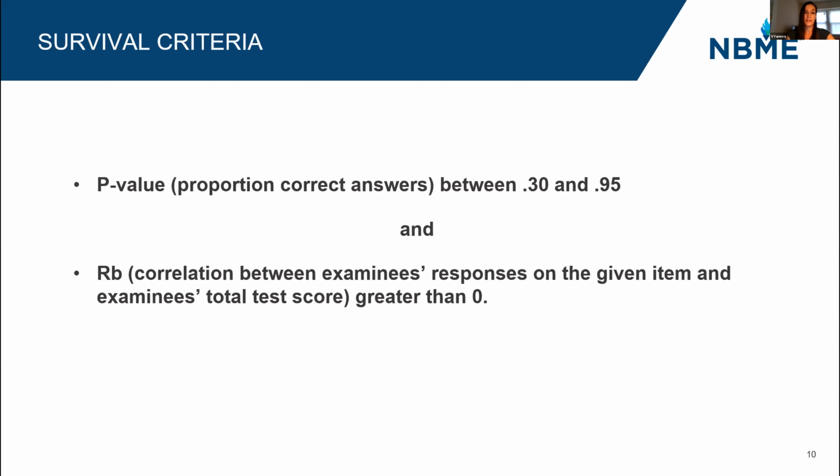The criterion for survival is based on proportion correct answers, or p-value, falling within the range of 0.3 to 0.95. We also need to have a positive correlation between the examinee's responses on the given item and their total test score, or positive RB parameter.